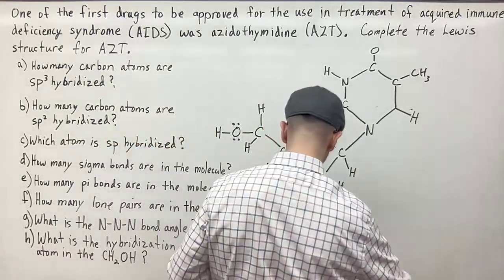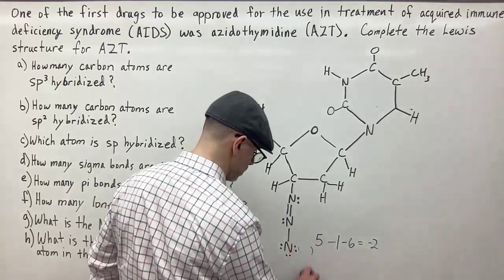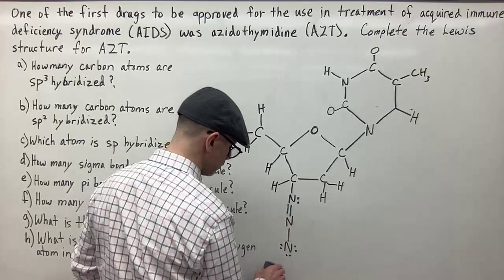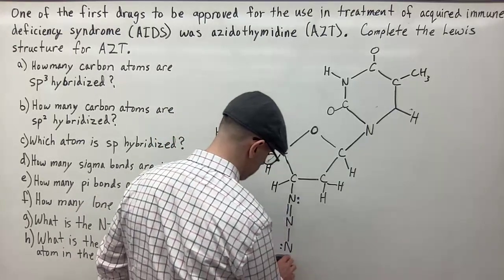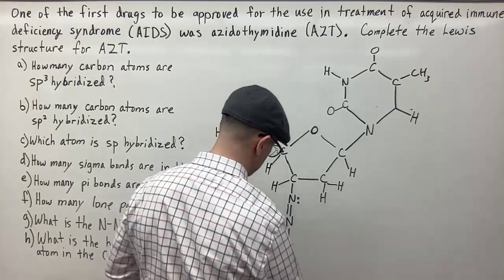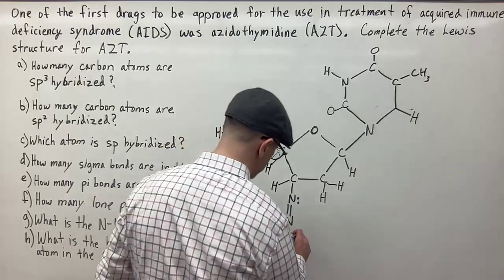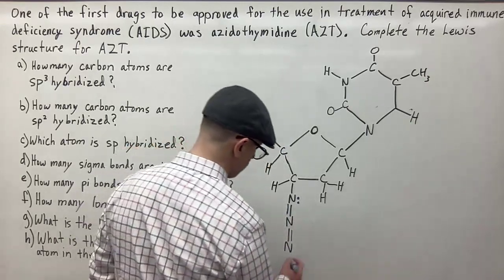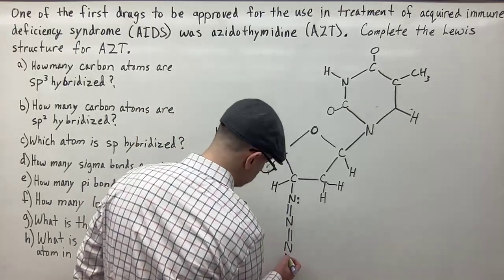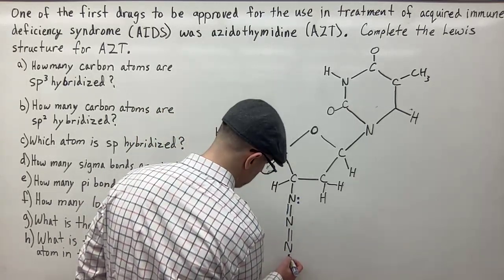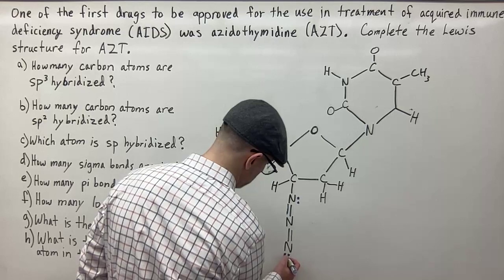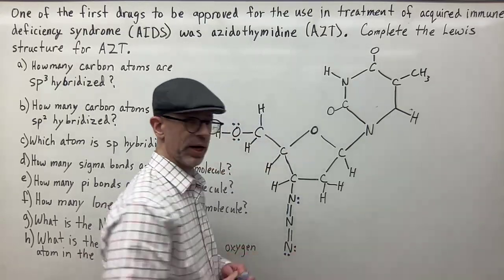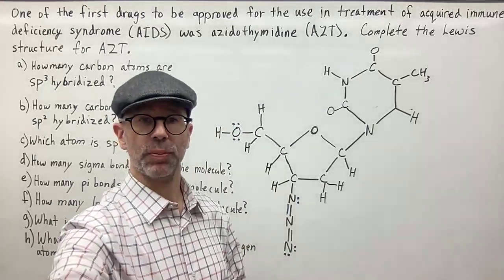If we, instead of that, put a double bond here, and then this would be two lone pairs, right? So we could have two lone pairs there.